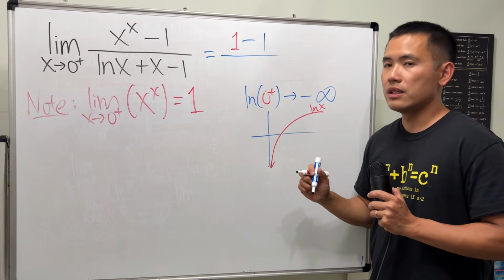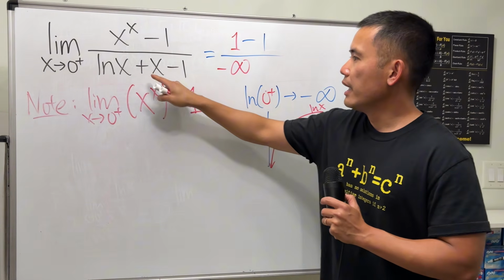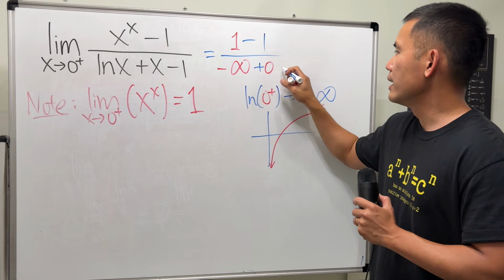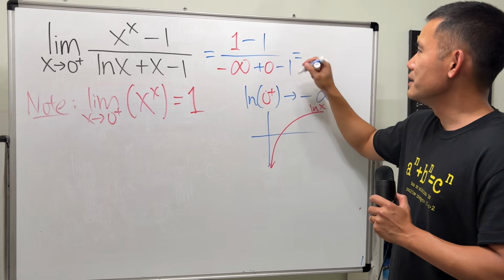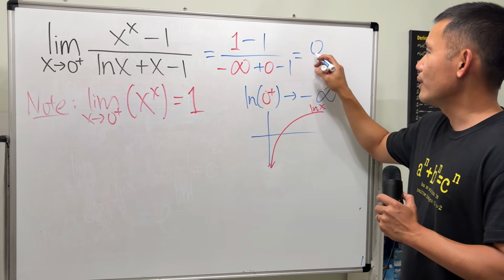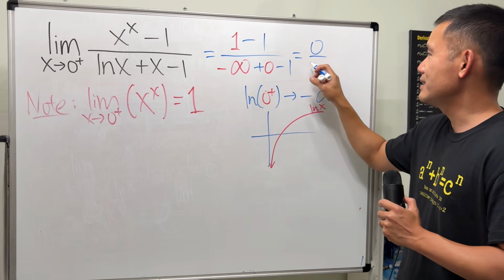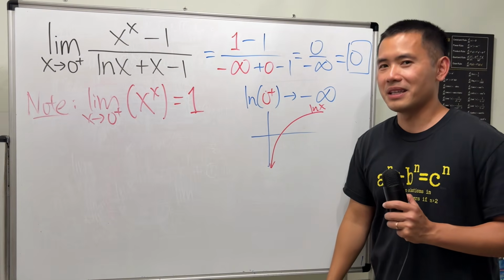That's why we end up with negative infinity. So this thing right here is negative infinity, and then plus 0, doesn't really matter, and then minus 1. So what's going to be is what? On the top is just 0, on the bottom it's just negative infinity minus 1, still negative infinity. So the answer is actually just equal to 0, and then you are done.